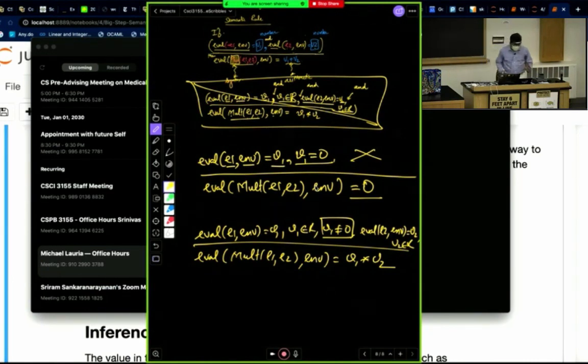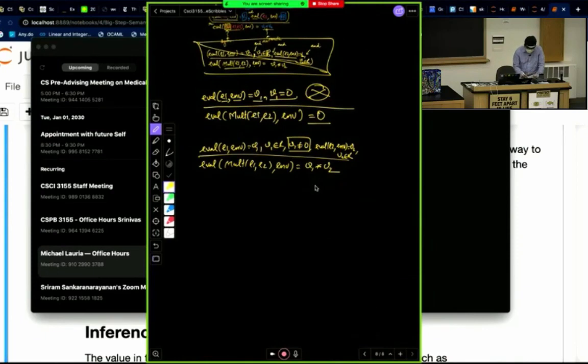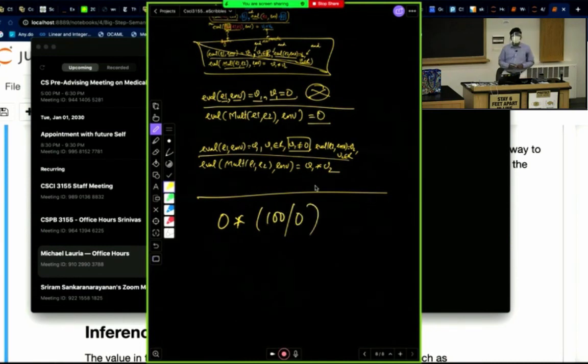But the point is, this is a bad rule, and I'm going to show you why semantics matters. Why is this a bad rule? Why do programming languages not have this rule? The reason you wouldn't have a rule like this is exactly, try this in Scala. Try an expression like 0 times 100 divided by 0.